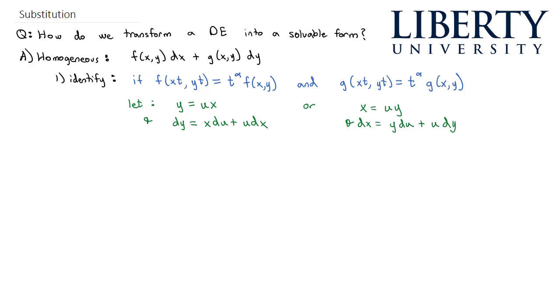And when we do that substitution, it might get ugly on the algebra for a minute, but after we fix the algebra, then it becomes a separable equation every time. So let's try an example where we do just that.